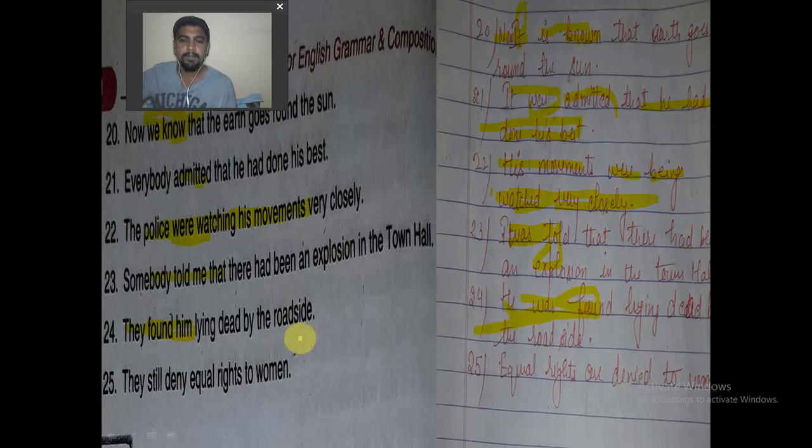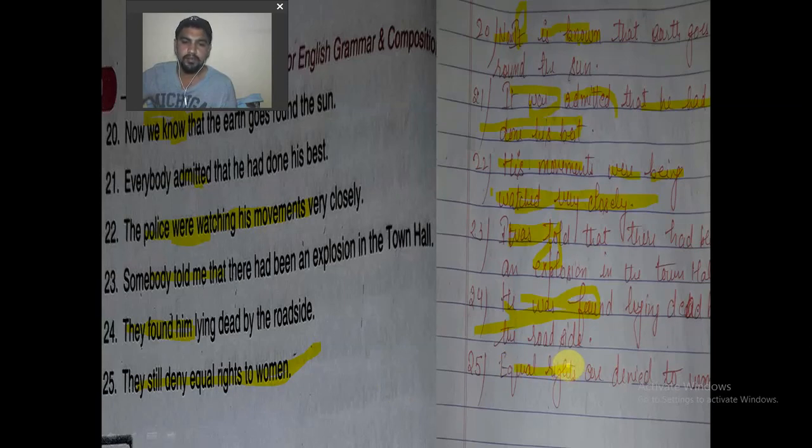Okay, then the last statement, they still deny equal rights to the women. Now the statement is written in the present indefinite, still deny is used, not denied. So we are going to find out the object first. They still deny what? Equal rights. So equal rights would be written at first.